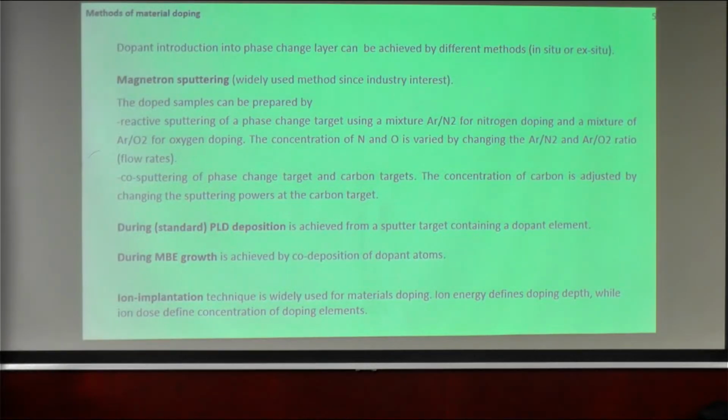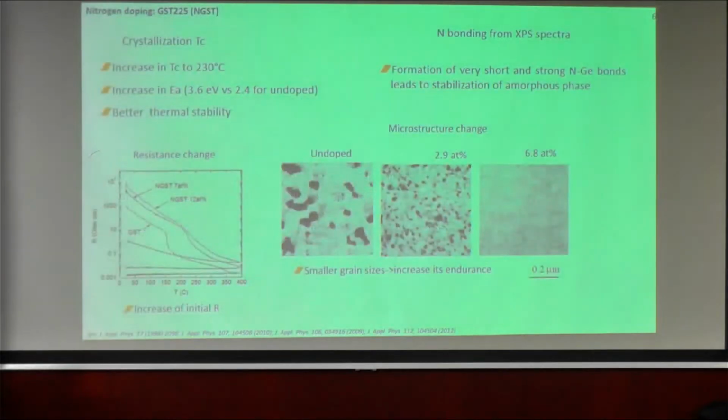So now let us look at the change of parameters in the case of nitrogen doping, if we introduce it to GST 225. If you introduce this element to the GST material, then it influences its crystallization temperature, so it increases a lot.